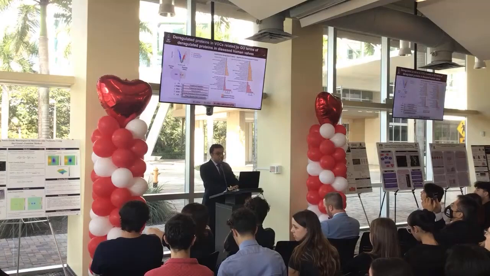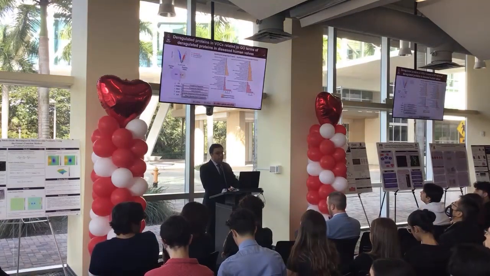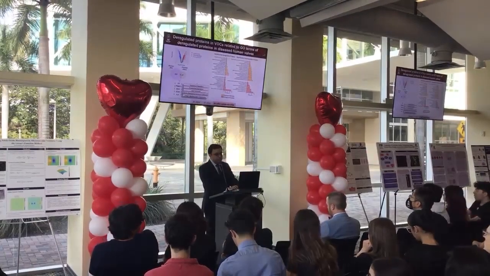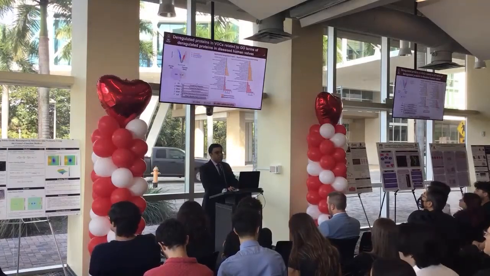And then for further analysis, we performed a gene ontology analysis for these human samples, and we found that our samples had deregulated fatty acid and cholesterol metabolism, similar to what was observed in the diseased human valves.